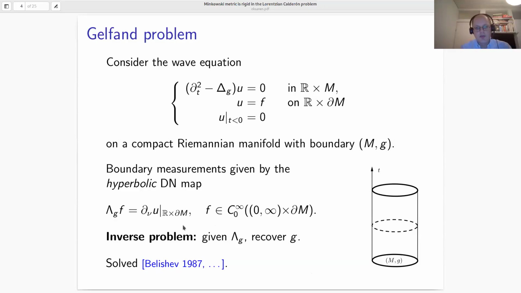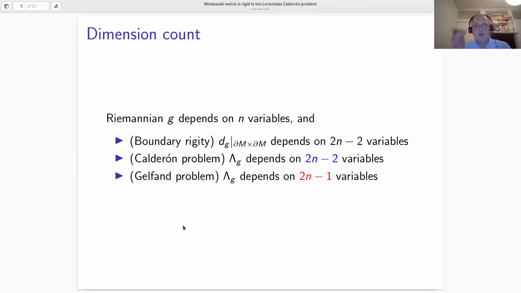All right, but I would like to argue that this is not the right hyperbolic analog of the Calderón problem, and in fact, a simple dimension count should convince one of this. If we think about the number of variables in this Riemannian metric, it's the same as the spatial dimension. Let's call that n.